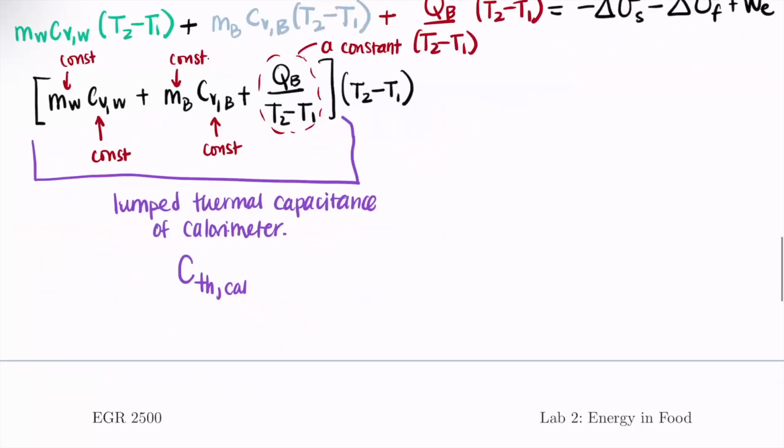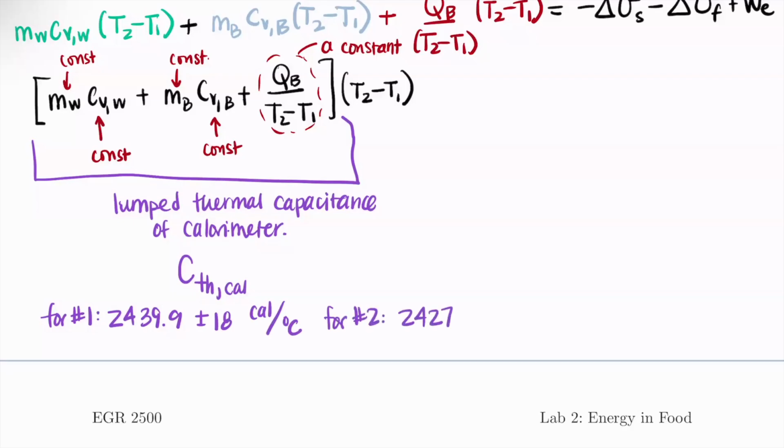For unit one, and this is in the handout, but I'll write it down for you anyways, it is 243.9 plus or minus 18 calories per degree C. And then for number two, it is 2,427.0 plus or minus 21 calories per degree C. So we're giving you the value as well as the uncertainty for that.